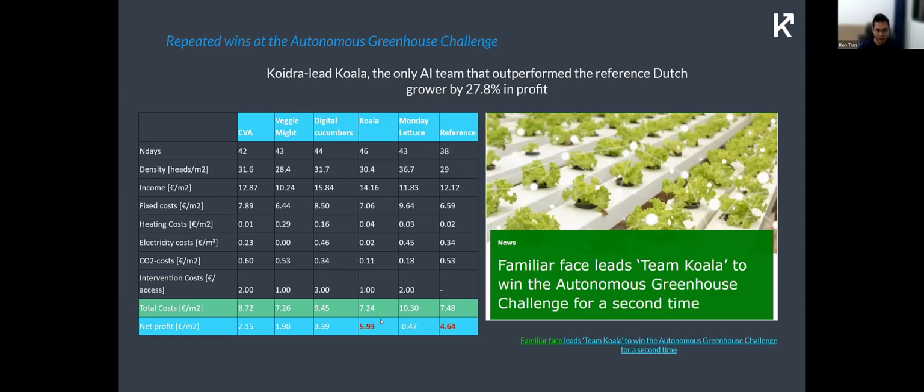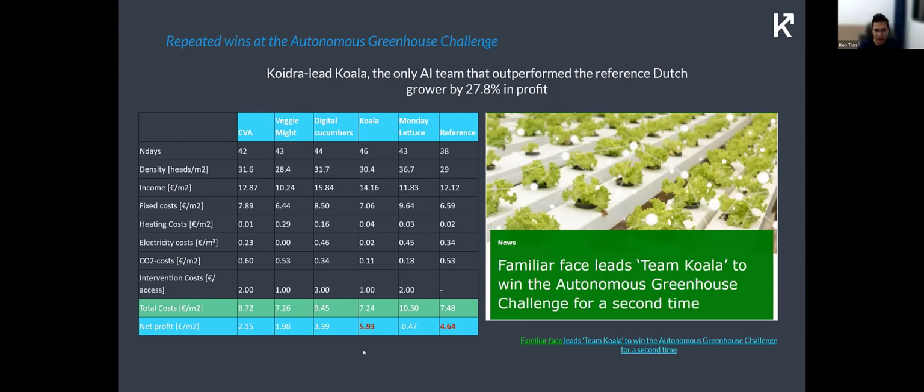Before I started Koidra, I worked at Microsoft Research, and in 2018, I led a team called Sonoma at Microsoft Research that won the very first Autonomous Greenhouse Challenge, and that time was on cucumbers.